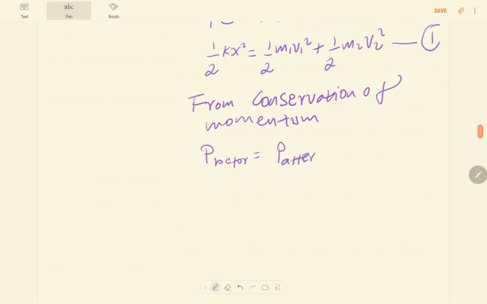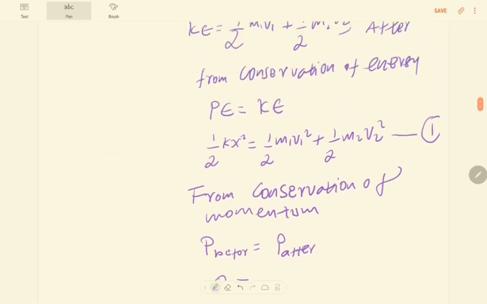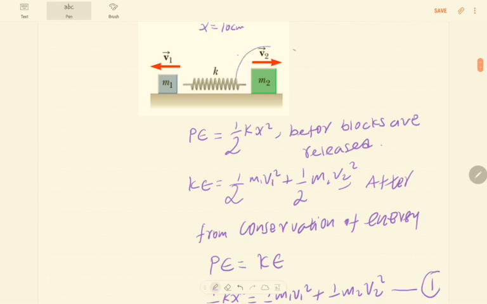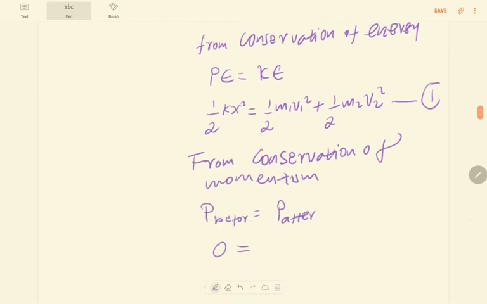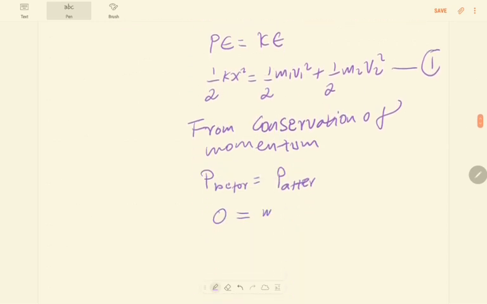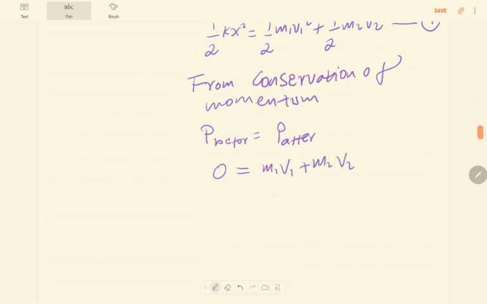Before the release the two blocks do not have any momentum, so it is 0. After the two blocks are released, they will have their own momentum, one to the right, one to the left. So the final momentum will be m1 times v1 plus m2 times v2. From here, by simplification, we get that v2 is minus m1 divided by m2 times v1.